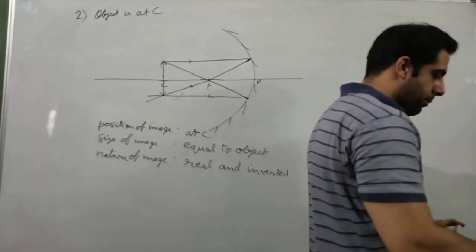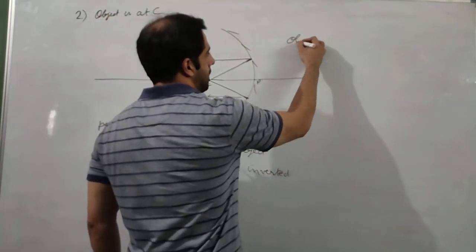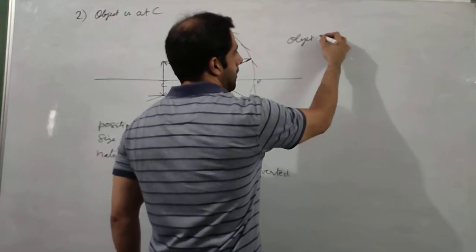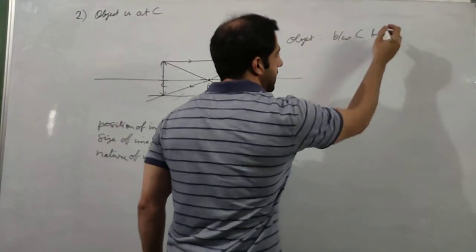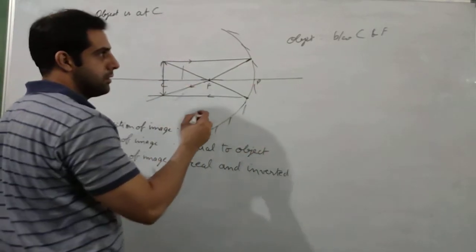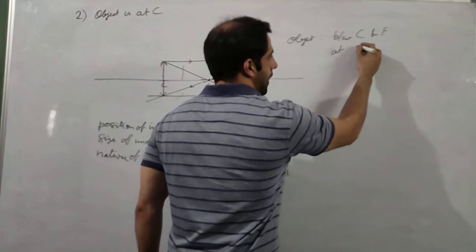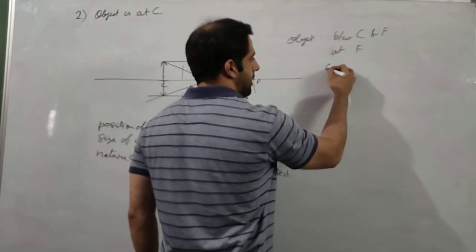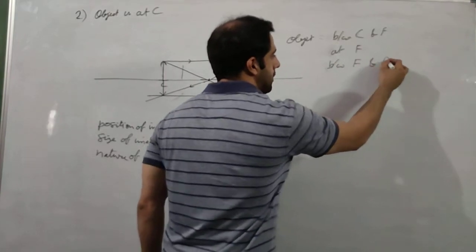Then there are several other positions you can see from your notebook. The object can be put between center of curvature and focus. Here it can be put at focus. It can be put between focus and pole.